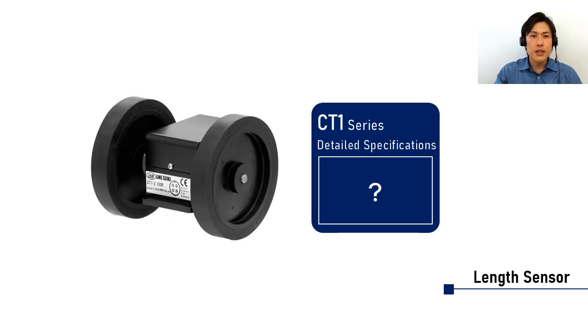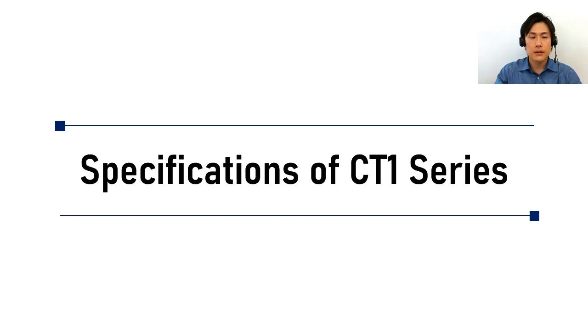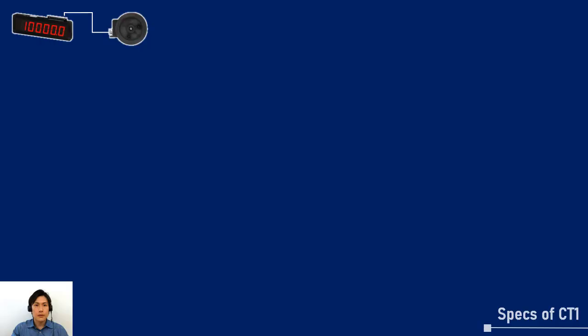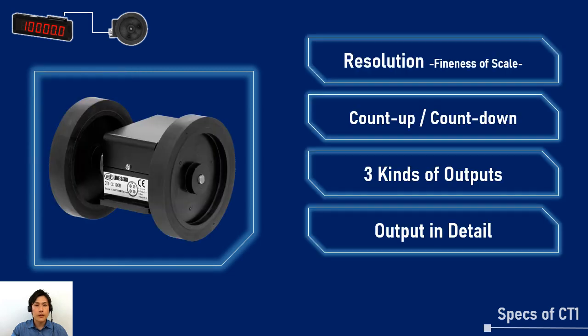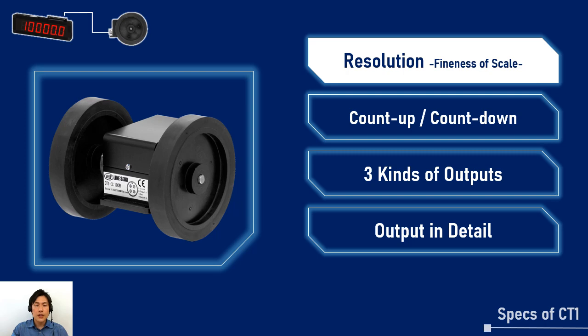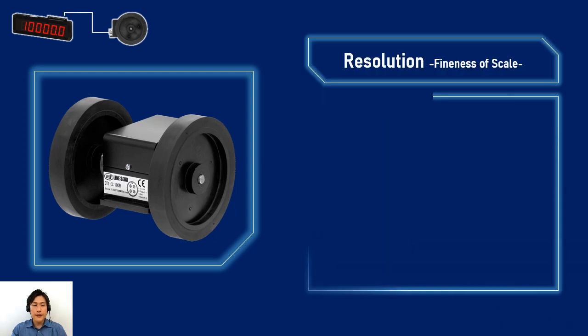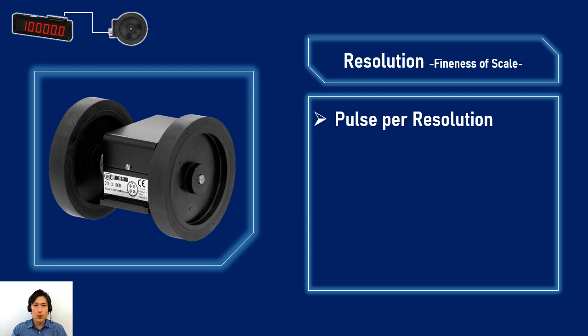Now then, let's check the features and specifications of CT1 series in detail. There are some important points. First of all, let's check resolution, or fineness of scale. Length sensor generates and outputs a pulse in each resolution.